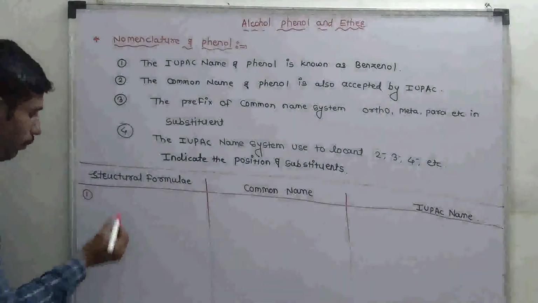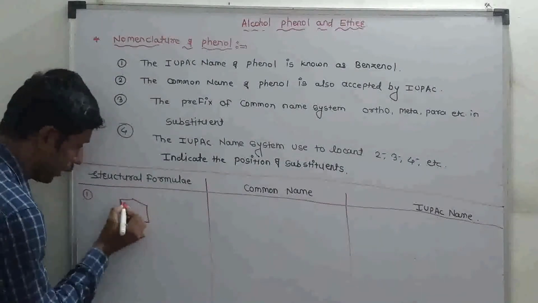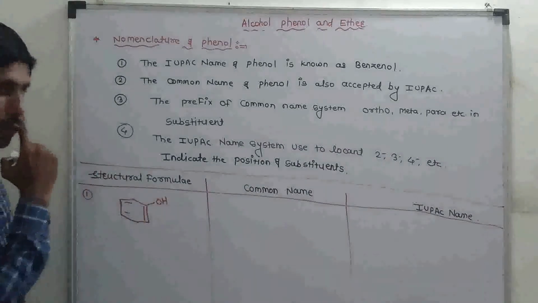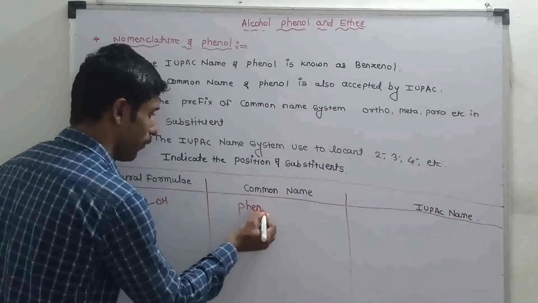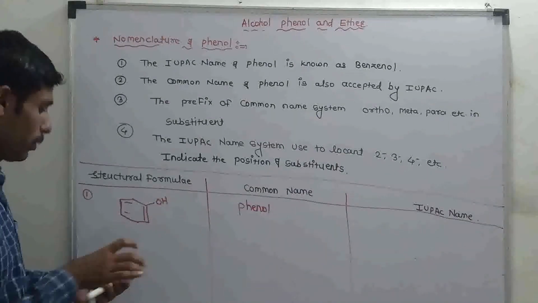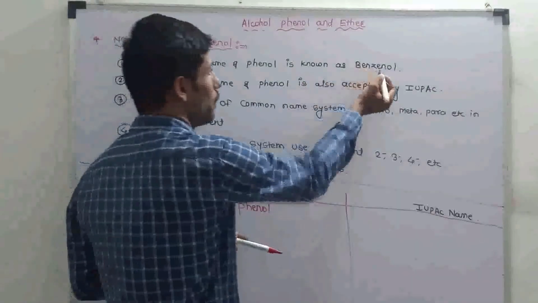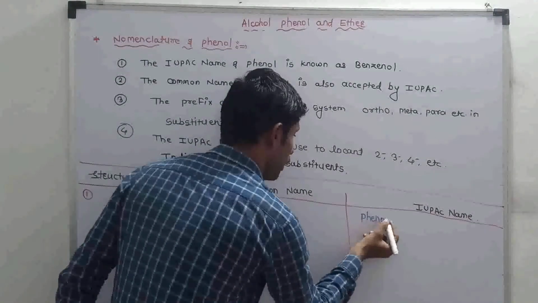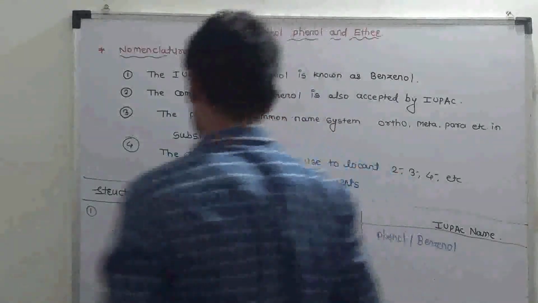First example: the aromatic ring containing an OH group directly attached to the benzene ring. The name of the structure is phenol. In the IUPAC system, phenol is also known as benzenol.